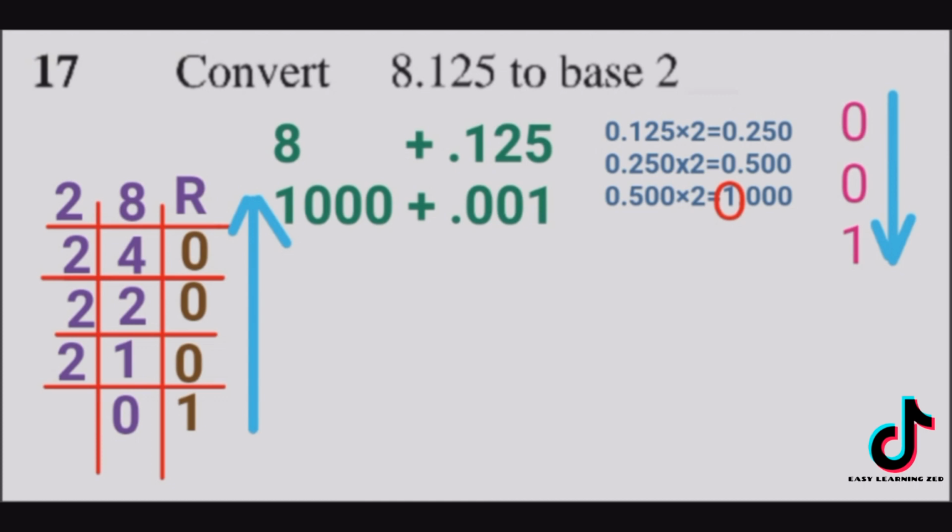So converting 0.125 into base 2 will give us 0.001. Now when we add these numbers, we come up with 1000.001. So basically that is the correct answer.